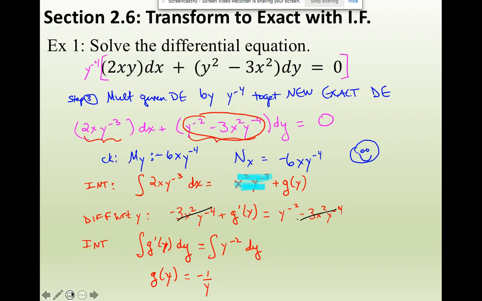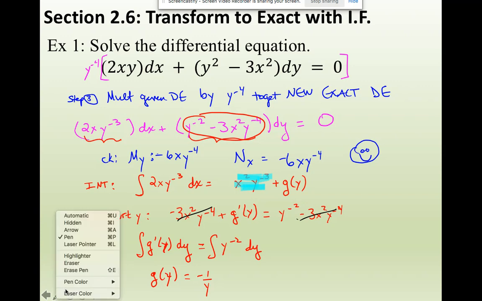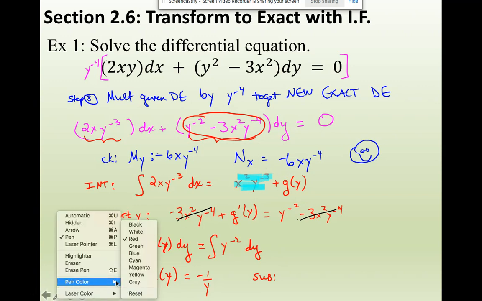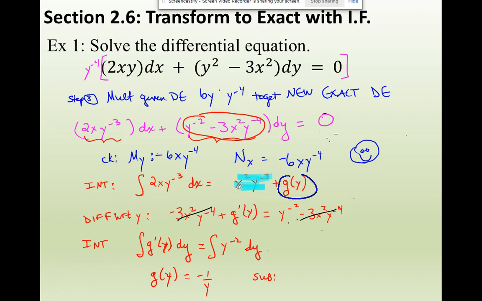Now I'm going to substitute back right in for g of y. So my solution is what I had before, x squared y to the negative 3 plus the g of y I just found. Equals our big constant.